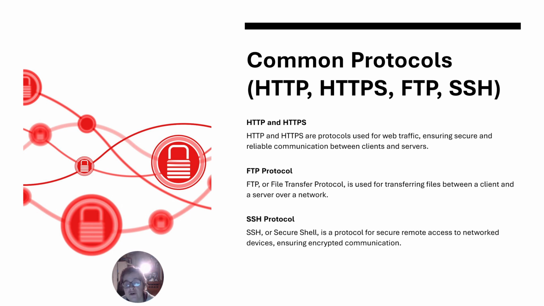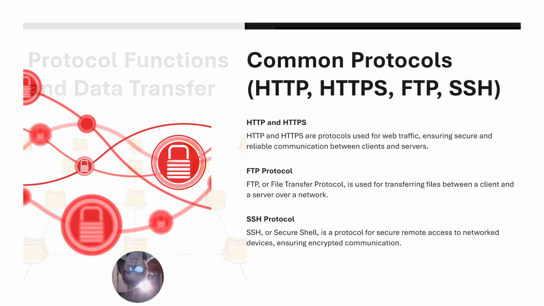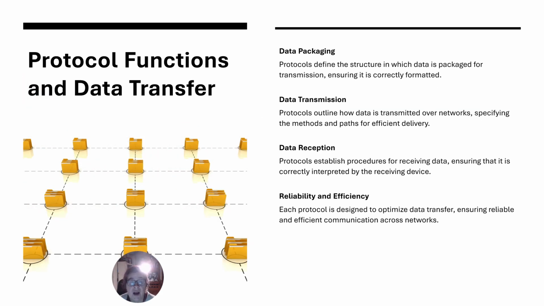You really should use SFTP, Secure File Transfer Protocol, because it's encrypted. FTP is not secure. SSH, or Secure Shell, is a protocol for secure remote access to network devices, ensuring encrypted communication. So if you've got someone working remotely, they would be connected through some kind of SSH protocol in most cases.